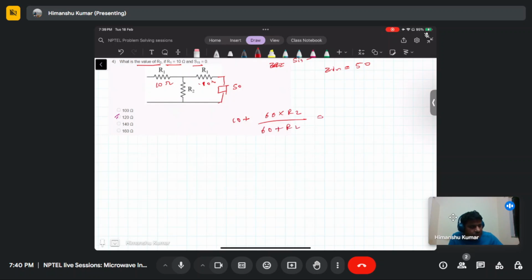It will be equal to the input impedance, which is 50 ohm. So 60 times R2 divided by 60 plus R2 will be equal to 40.